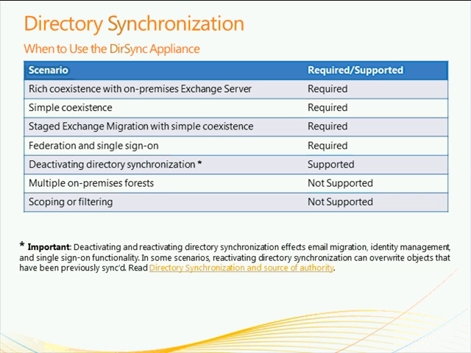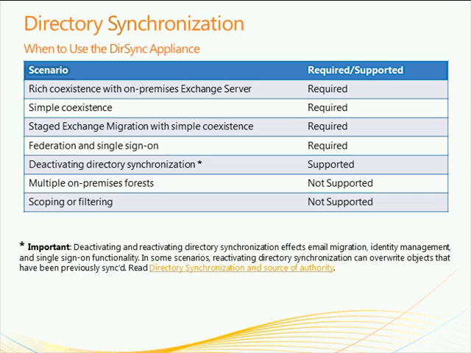I'd like to point out that in your testing, if you activate and or deactivate DirSync, that can be done. So if you're just testing how it works, you can activate and deactivate. However, if you're in an in-production environment, it should be done with caution. Activating and deactivating DirSync changes the way DirSync functions, and actually it won't function at all anymore.